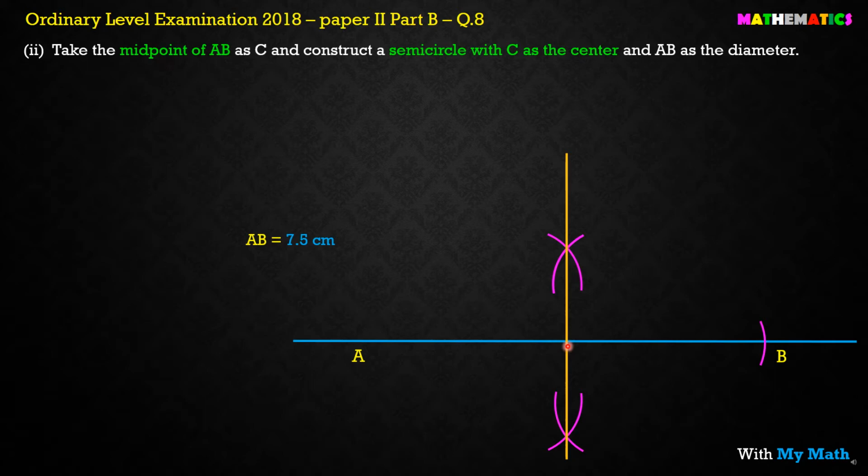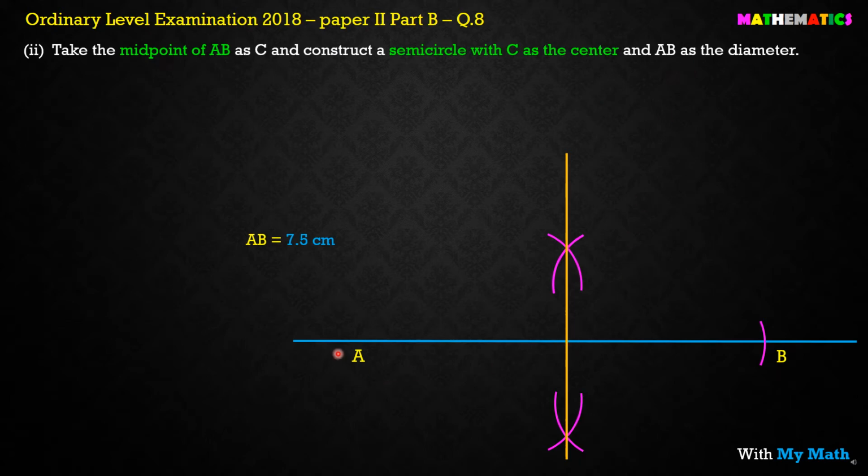We have done it. So again we have to construct the semicircle with C as the center. So we have to put the pair of compasses here and draw the semicircle using AB as the diameter.